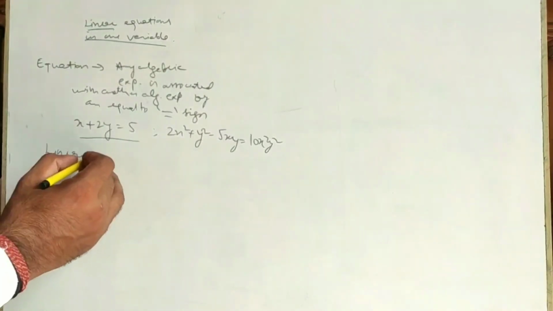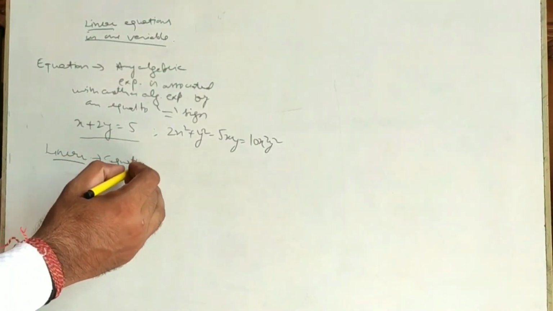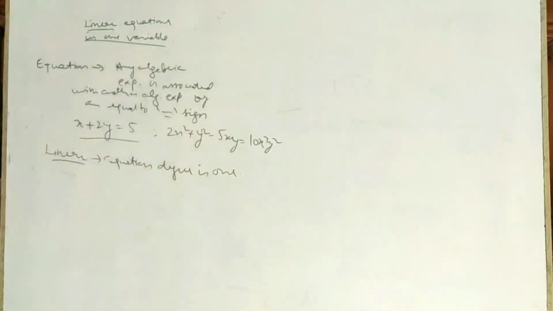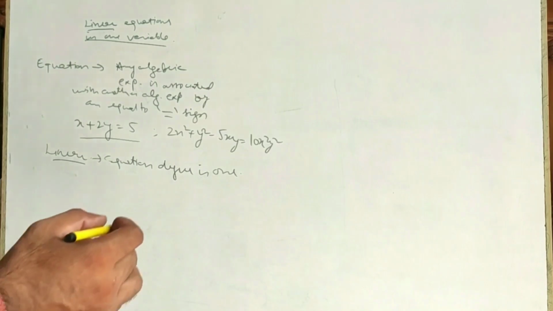Linear means any equation whose degree is 1. If any equation has degree 1, then it will be termed as a linear equation. We have already discussed degree in our earlier chapter in the introduction of algebra.